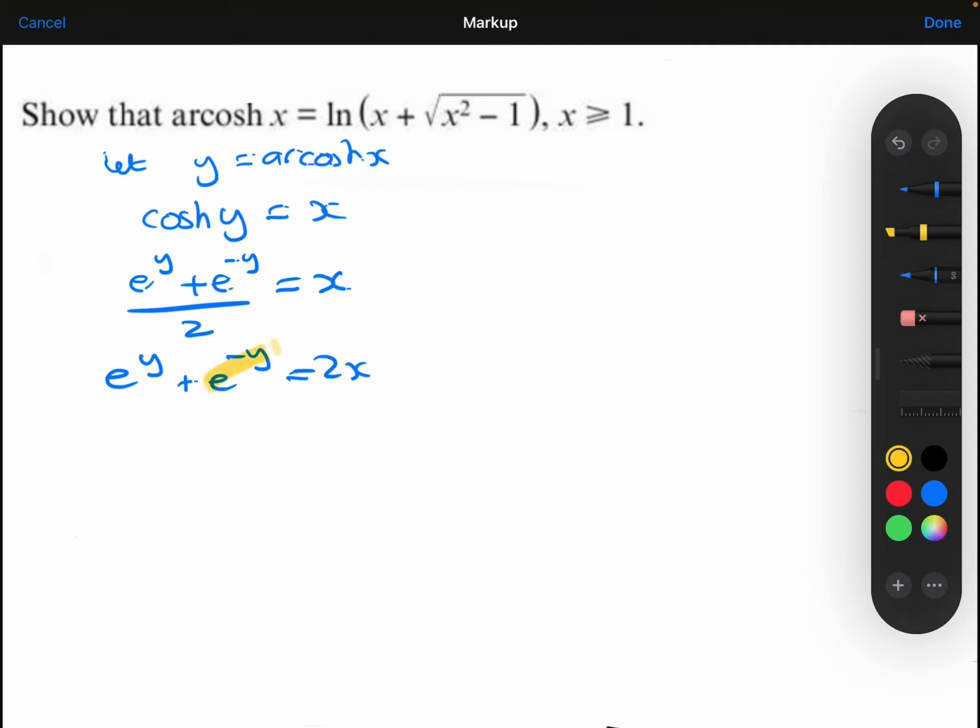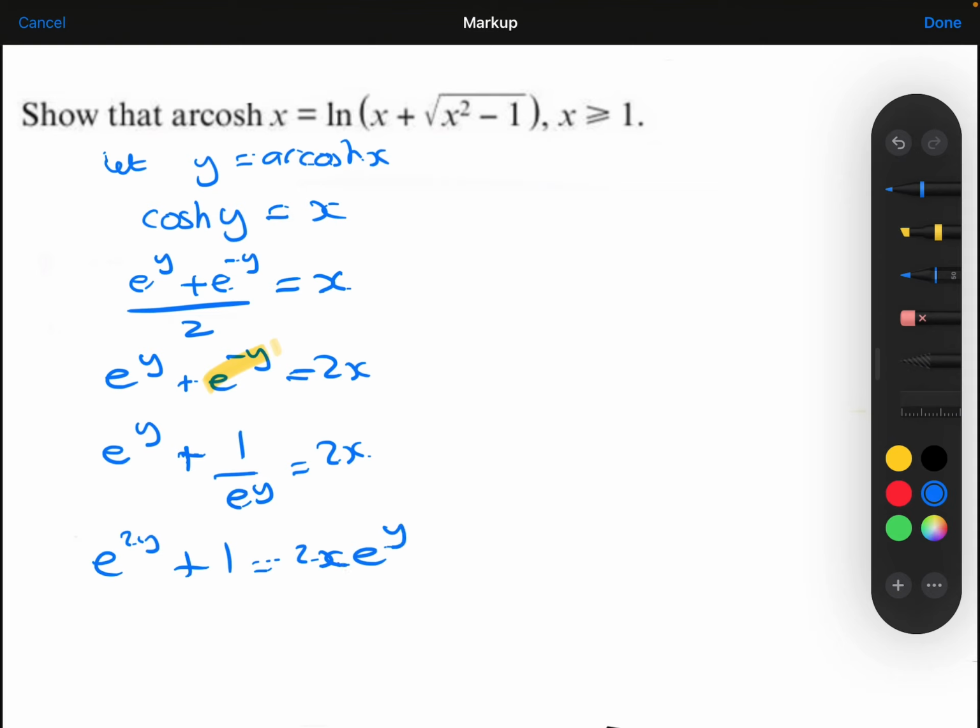Reimagine this e to the minus y as being 1 over e to the y. Multiply through by e to the y to get e to the 2y plus 1 equals 2x e to the y. Make it equal to 0.